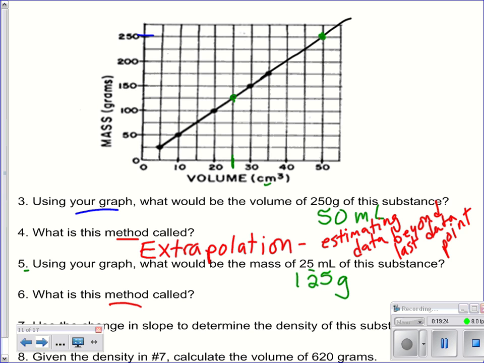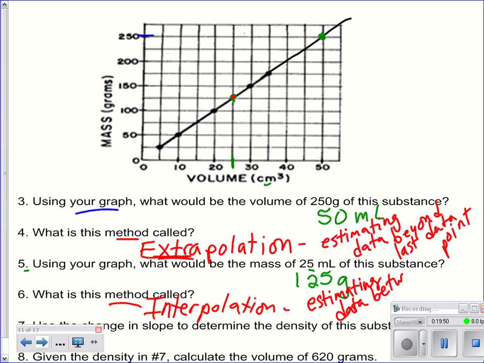And then if that's extrapolation, extra, here in this one, it was within or between. So what do you think that's going to be? Good. Interpolation. Okay, so that's a method where we're estimating data between data points. So that's all I wanted to show you with these.